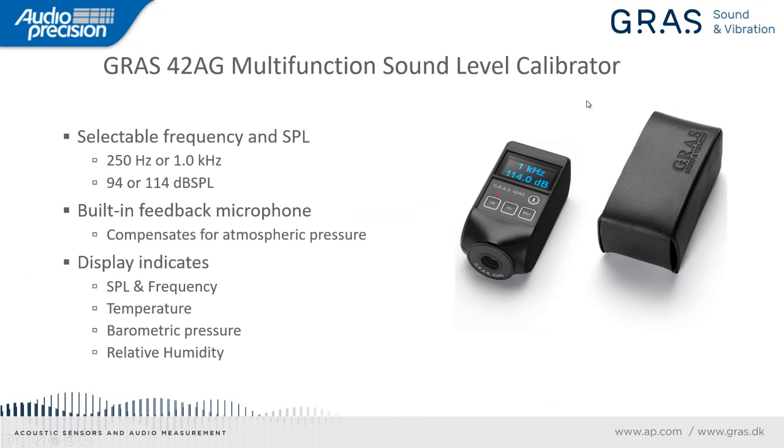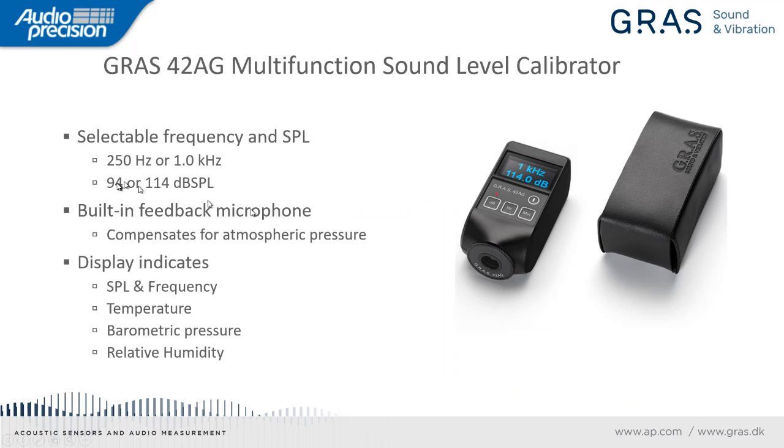Now, this is one of the nicest calibrators that I've ever used. As you can see, it has a digital display. And nice thing about it is it has 2 different sine frequencies. You can generate either 250 hertz or 1 kilohertz. And the 250 hertz is especially important because that can be used to calibrate ear simulators directly.